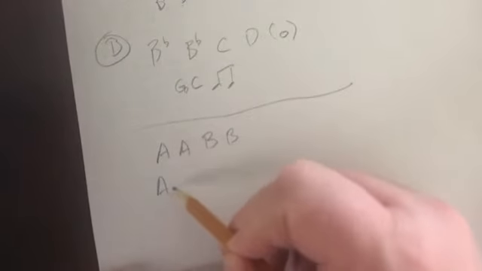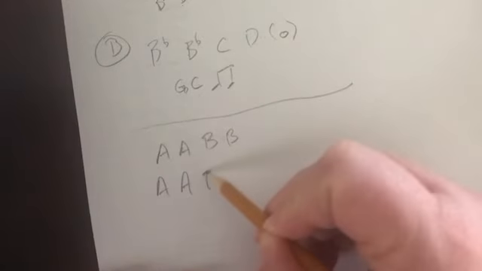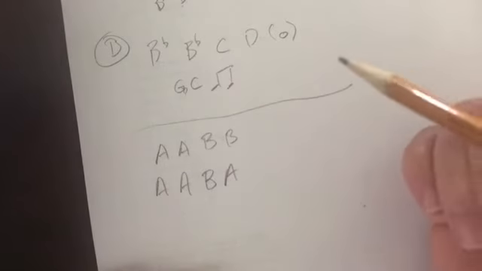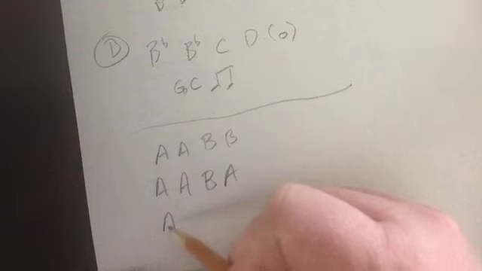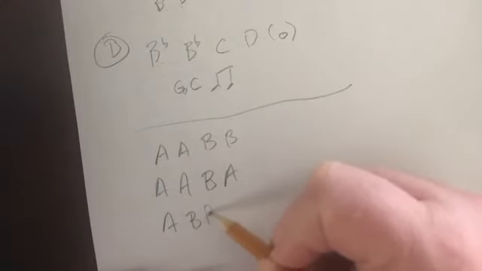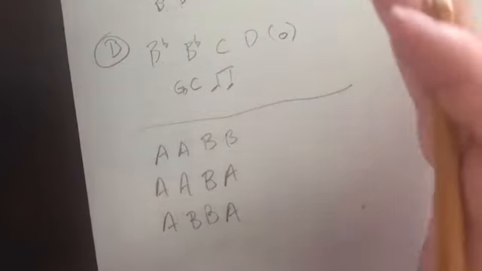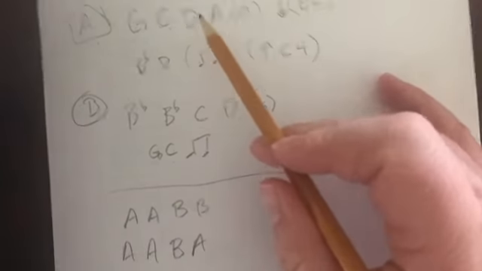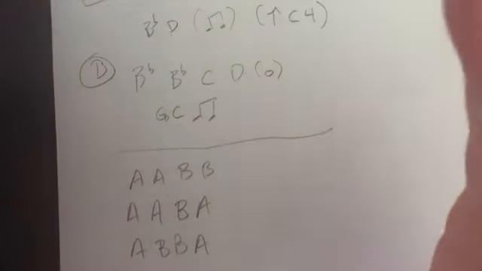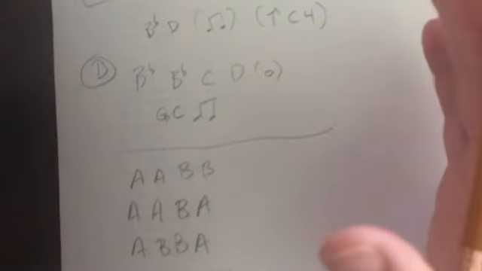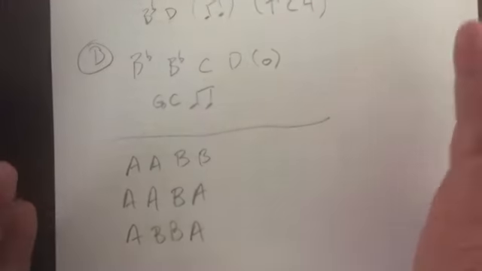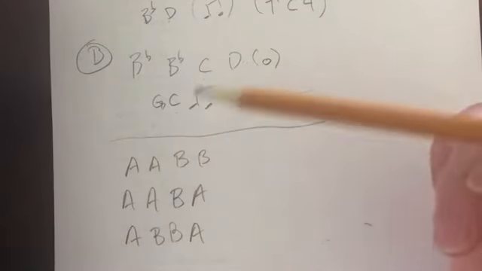Or you could go A, B, A. You could go A, B, B, A, and so on. Any arrangement, but you want your first section to happen in its completion, like the 4 bars, and then your second section is going to interrupt that with something different at some point.